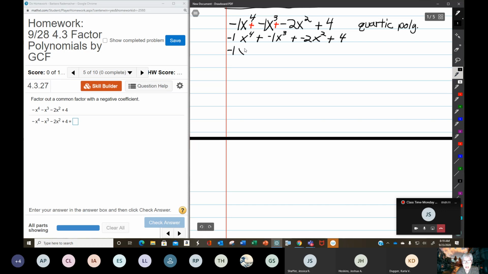I've got -1 times x to the 4th plus -1 times x to the 3rd plus -2 times x squared plus, here's the problem guy, 4 is the same thing as 4 times 1, but it's also -4 times -1, because negative times negative is positive, and there's always a 1 there.